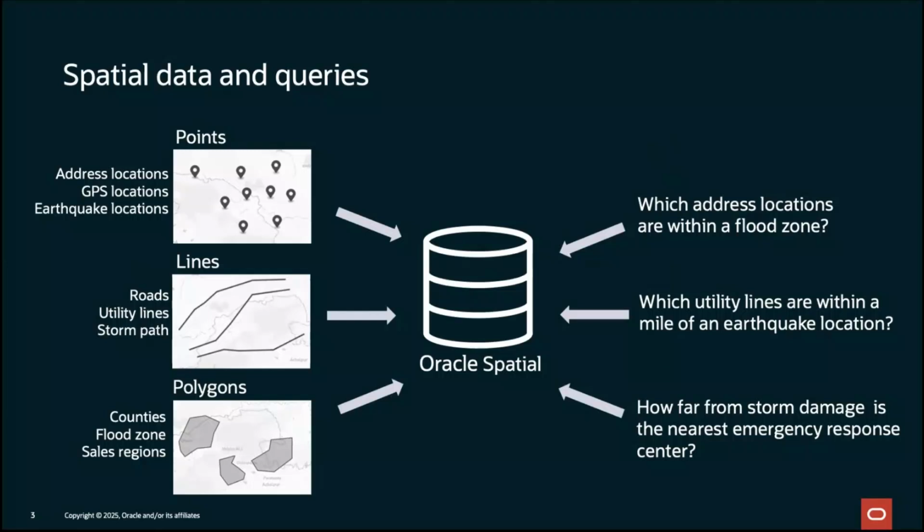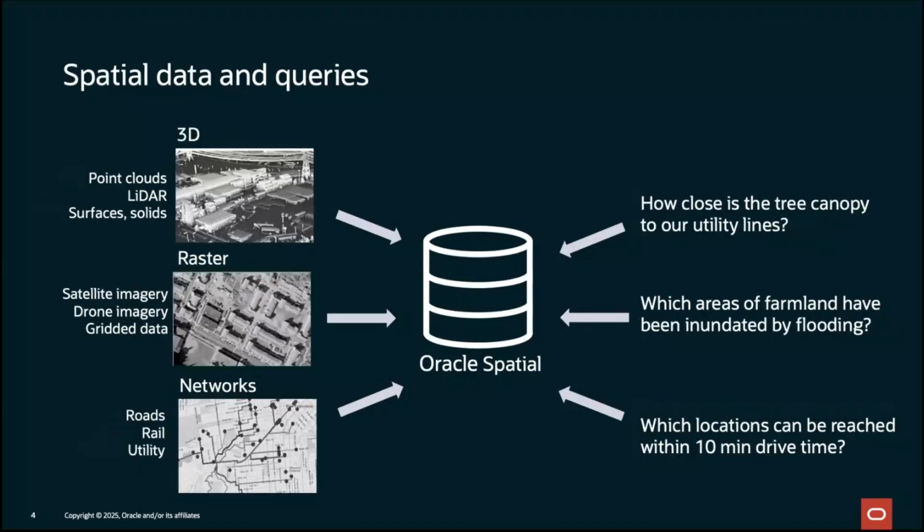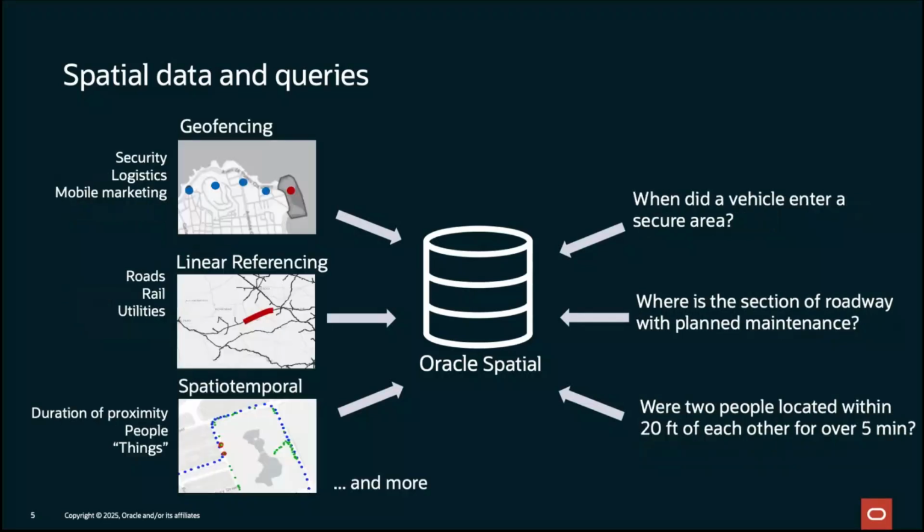But beyond those basic capabilities of storing and dealing with points, lines, and polygons, Oracle Spatial has grown over the decades to support lots of other advanced capabilities, like dealing with a variety of 3D and raster-based data sets and connected networks. Again, it's all about, at the end of the day, answering the kinds of questions that you see on the right. And that's the value of this.